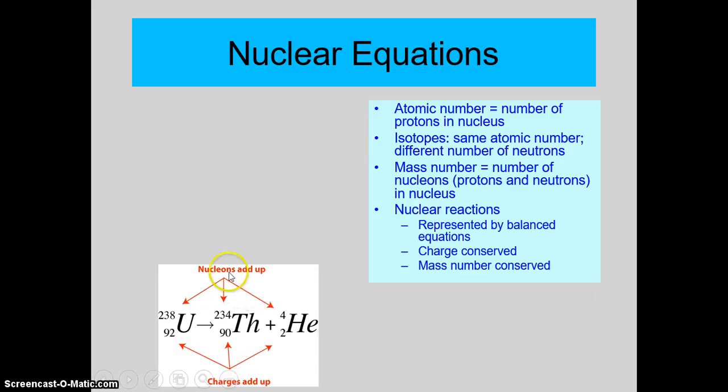All right, so let's take a look at what we just did. This is what would be called a nuclear equation. For example, this is an alpha decay. You can tell it's an alpha decay because the uranium-238 is becoming another type of atom, which in this case is thorium-90 plus an alpha particle.